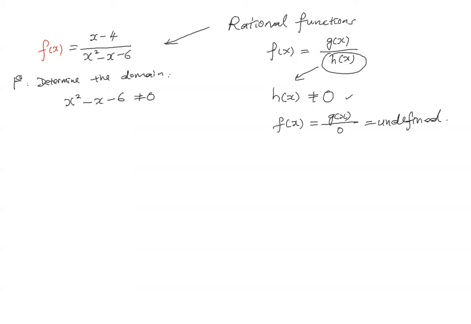So now you can use either your scientific calculator or your graphic calculator, or you can factorize it by yourself. Since this can be factorized easily, I will say x cannot be equal to 3 and x cannot be equal to -2. So therefore, the domain. This is the first thing when you talk about rational function.